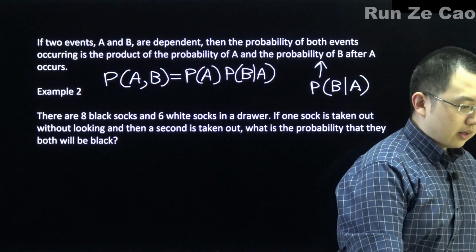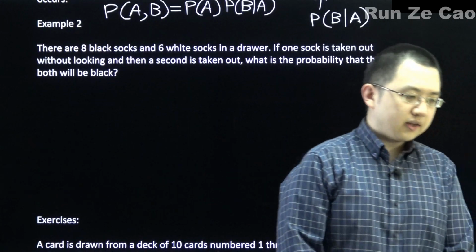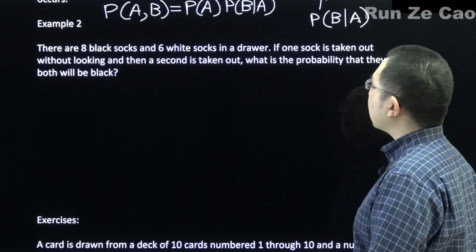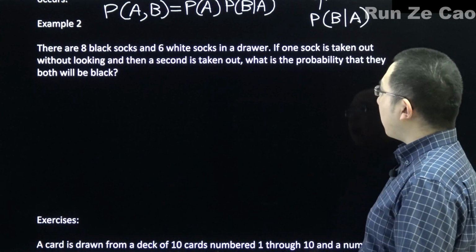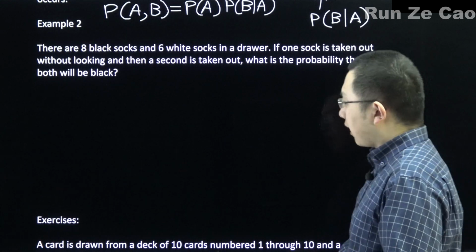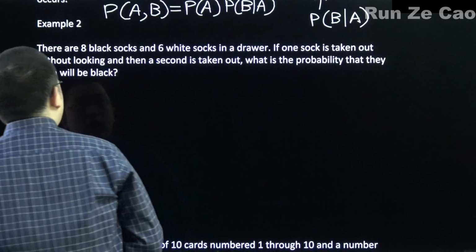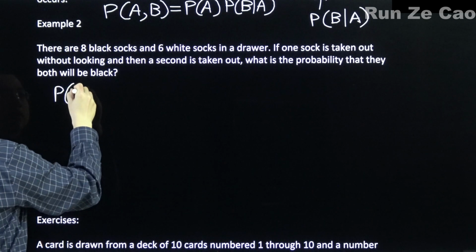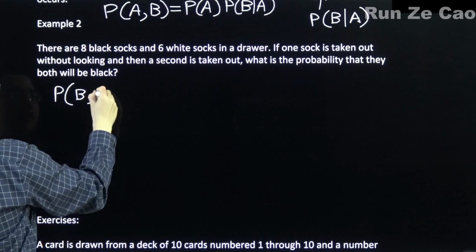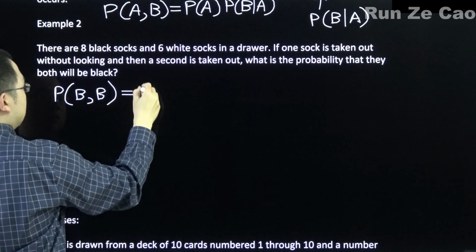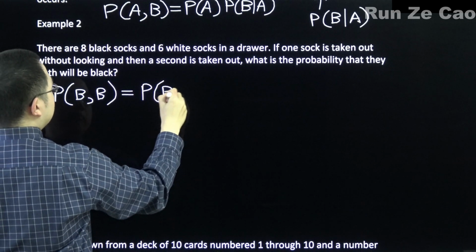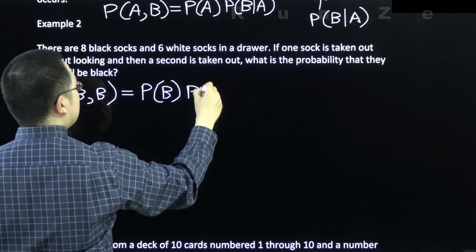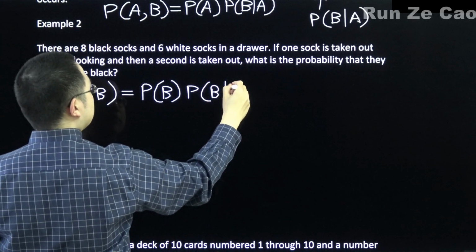Now let's say there are 8 black socks and 6 white socks in a drawer. If one sock is taken out without looking and then a second is taken out, what is the probability that they both will be black? Well, on your first draw, you have just the chance of black, and then multiplied by the chance of black given black.